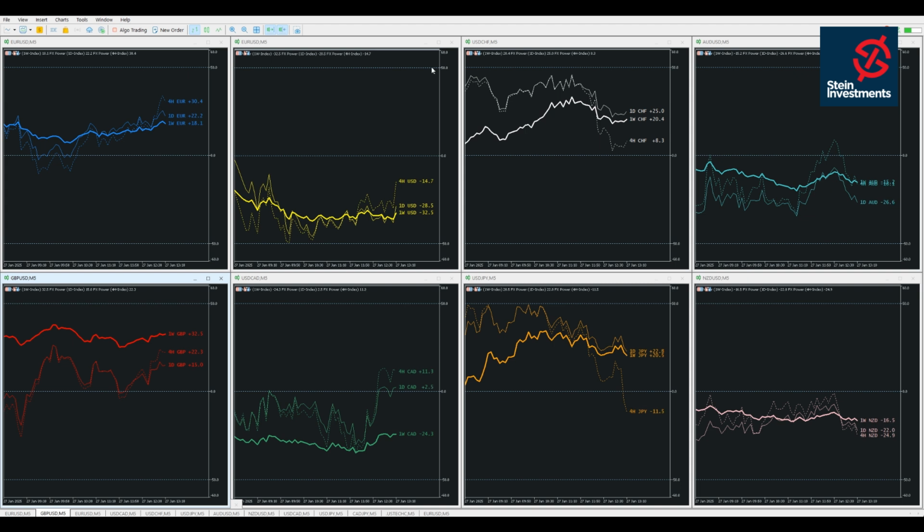So this overview is very helpful to identify at a glance which currencies are weak across all their trends, not just a single one, because that sometimes is irritating. We want to know how stable these trends are and what is the best pair or the best currency to buy and against which currency to sell to get the high probability trading opportunities.